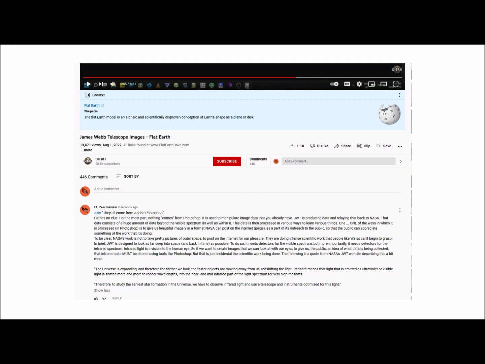The James Webb Telescope is producing data and relaying that back to NASA. That data consists of a huge amount of data beyond the visible spectrum as well as within it. This data is then processed in various ways to learn various things.